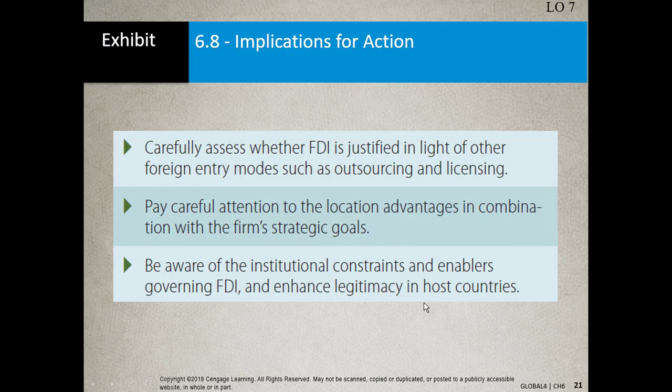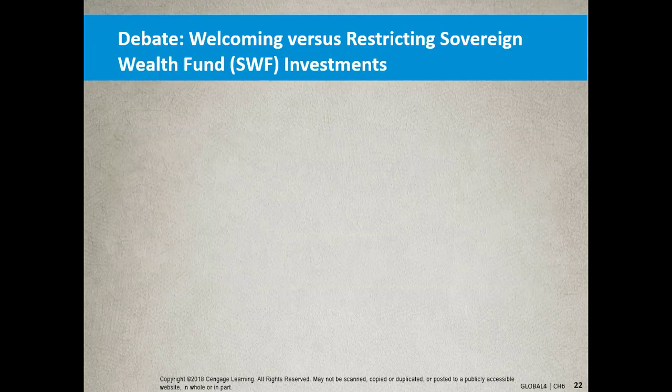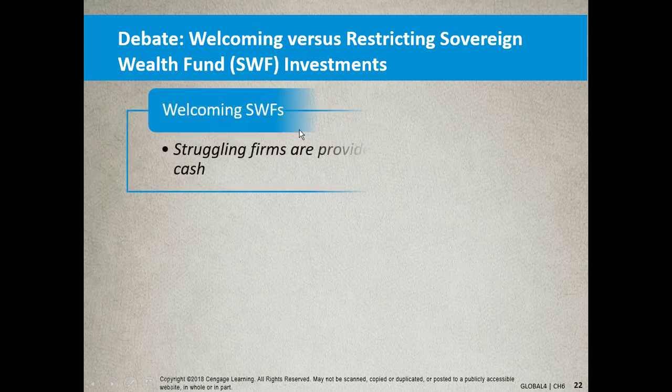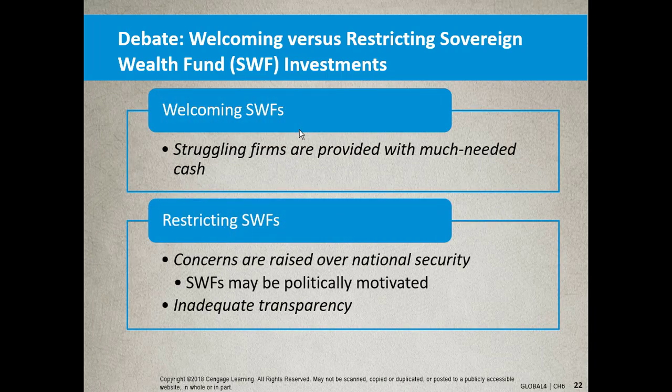Lastly, let's look at the debate, welcome versus restrict sovereign wealth fund investment. It's kind of a no-brainer. I think most students who are in global business have no problem with why it's a good idea to bring money into the United States. And so that's, again, foreign direct investment.